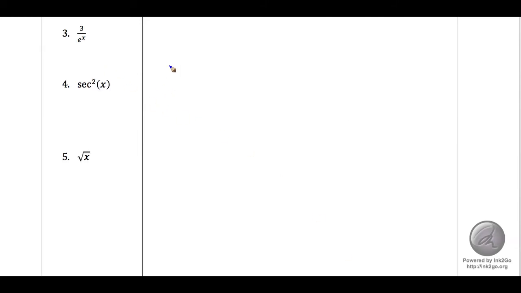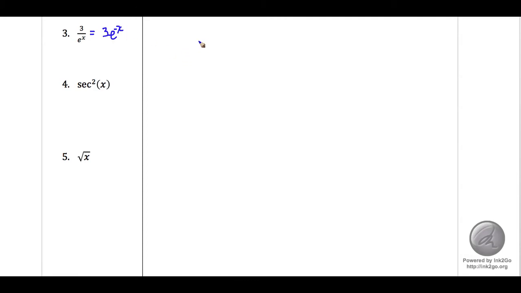Continuing on, what we're asked to find here is the antiderivative of 3 over e to the x. Now you'll probably point out that there is no quotient rule for antiderivatives that we've studied so far, but that's okay because we can rewrite this in the following way. This is really 3e to the negative x.